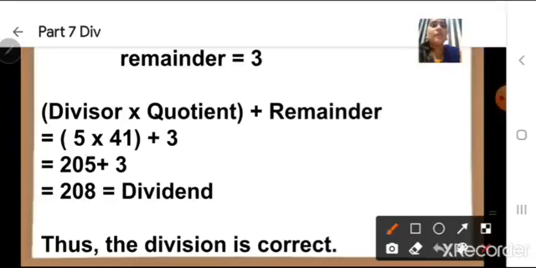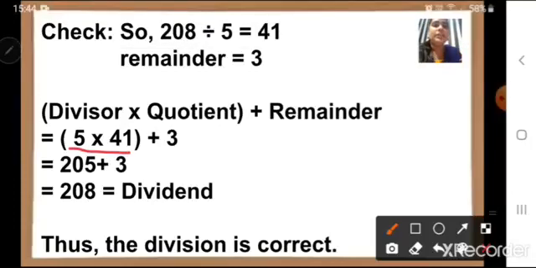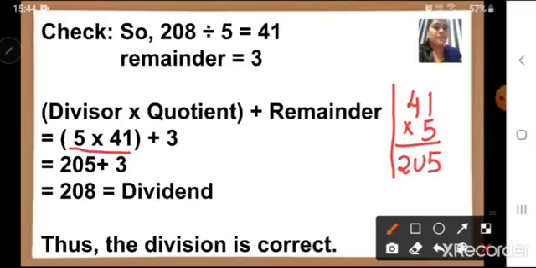First we have to multiply divisor into quotient, which is 5 into 41, correct? So 41 into 5. 5 ones are 5, 5 fours are 20. Right? So we have got here 205. So I have written here 205 plus number 3, which is here.